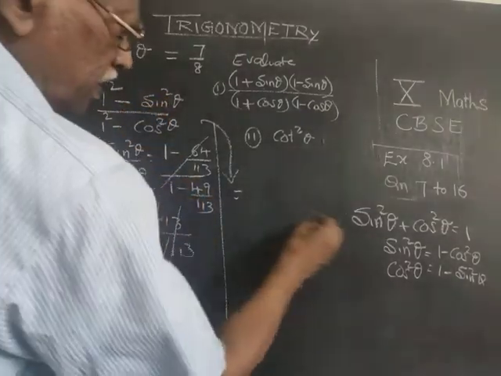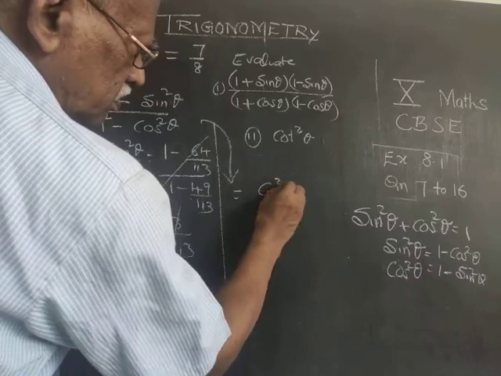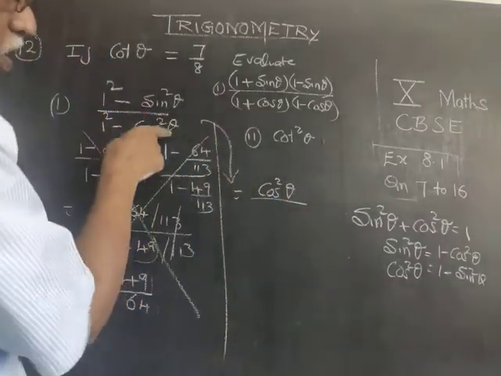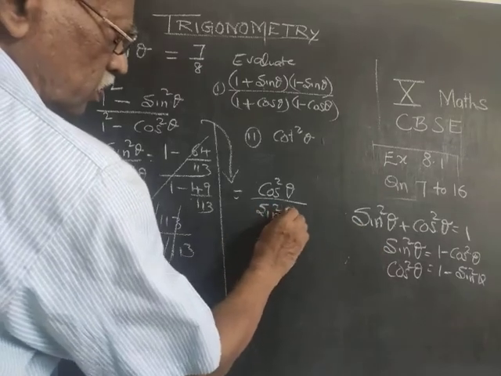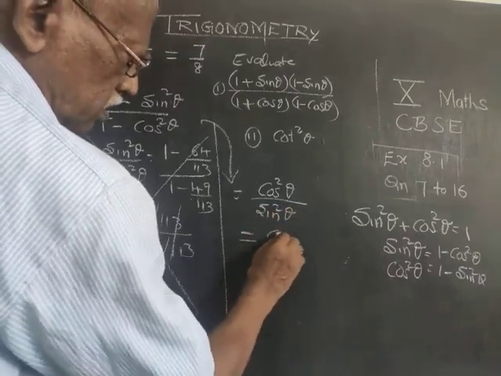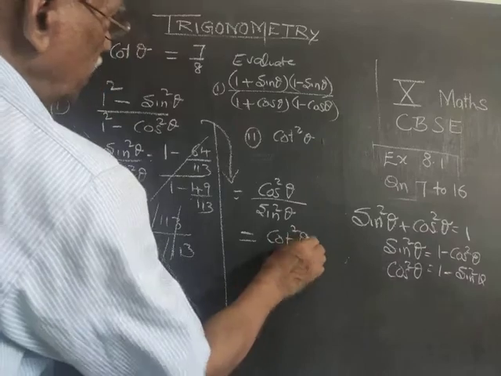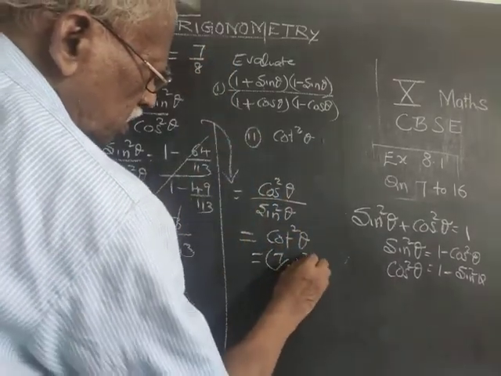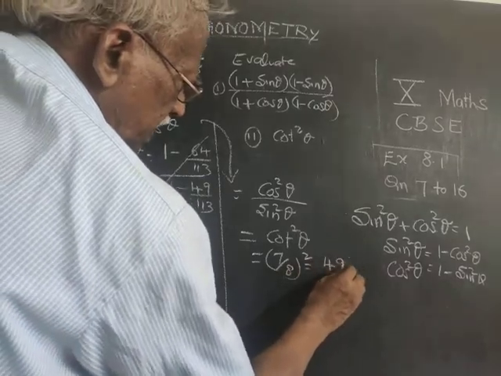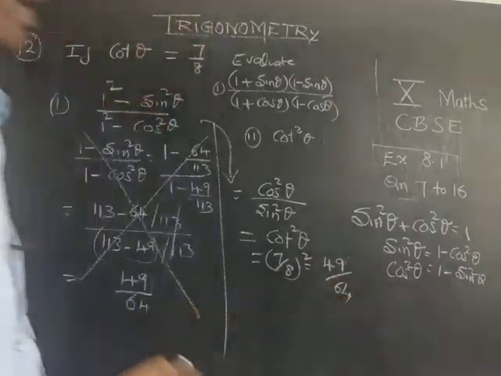Instead of that, I can write cos square. 1 minus cos square is nothing but sin square. What is cos by sin? Cot. So which is nothing but cot square theta. What is cot theta? 7 by 8, the whole square. That is 49 by 64. You got the answer very easily.